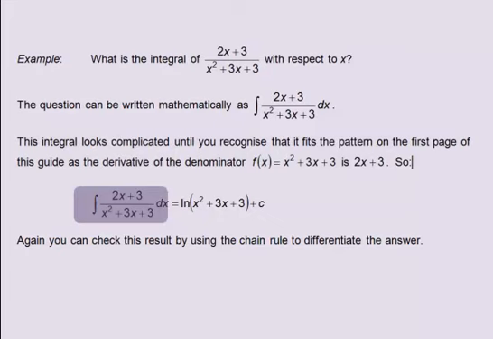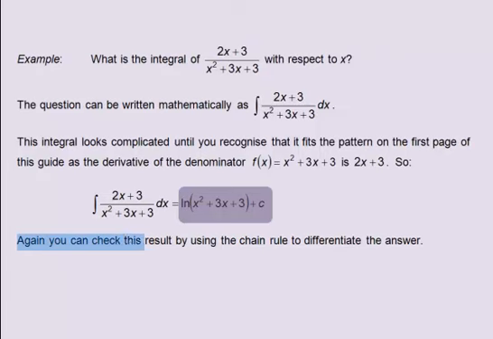So, the integral of 2x plus 3 divided by x squared plus 3x plus 3 dx equals the natural logarithm of x squared plus 3x plus 3 plus c. Again, you can check this result by using the chain rule to differentiate the answer.